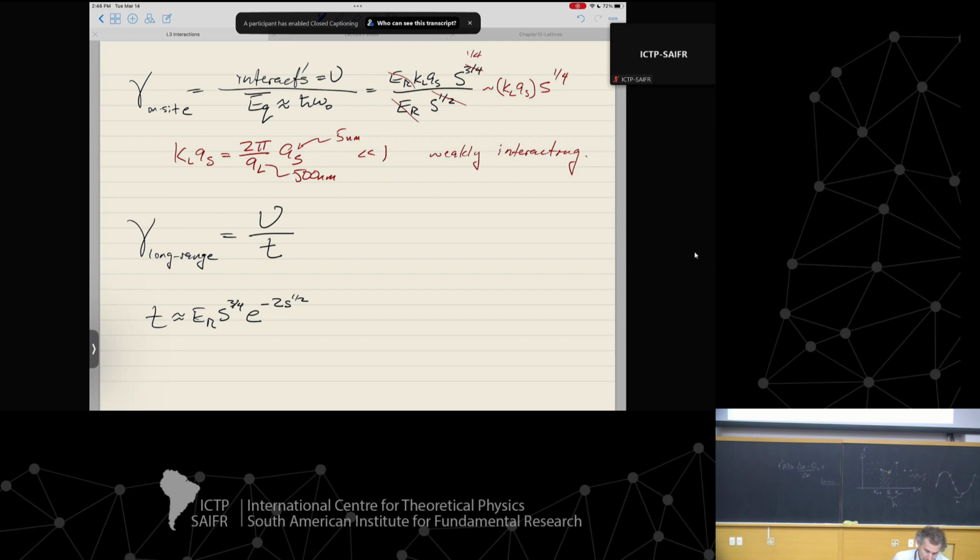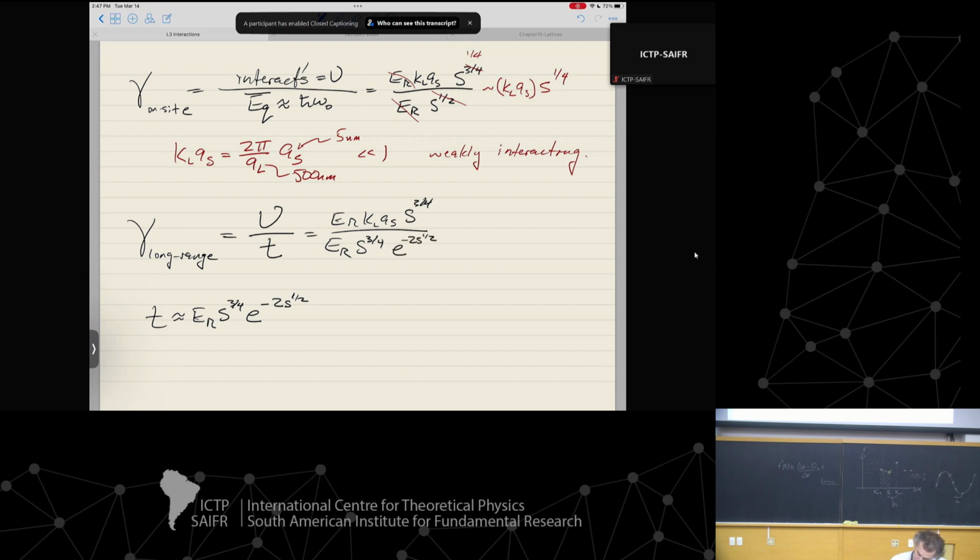And you can see that in some ways, okay, yeah, so let's just calculate this ratio now. It's still E_R k_L a_s times s to the 3/4 up top. But now on the bottom, I have s to the 3/4 times e to the minus 2 s to the 1/2.